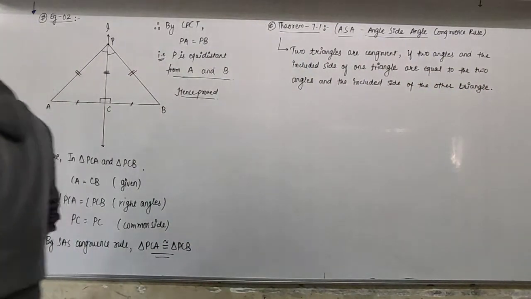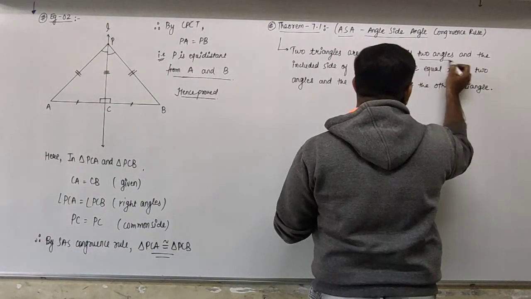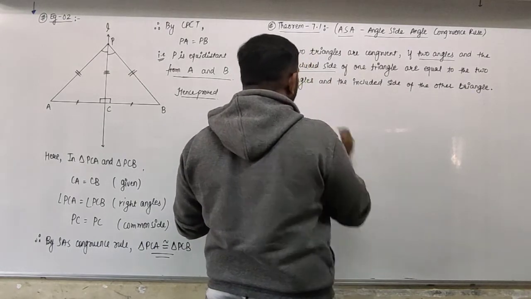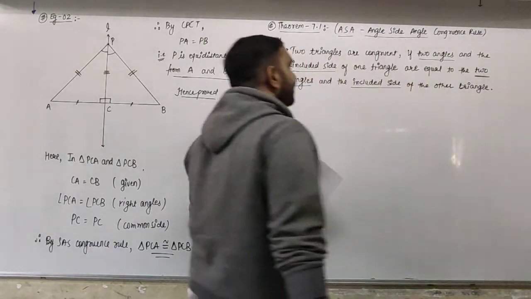Sorry, something was missed in between, we have to write the included side. That is what the ASA theorem is. ASA congruence rule: two angles and the included side of one triangle are equal to the two angles and the included side of the other triangle.